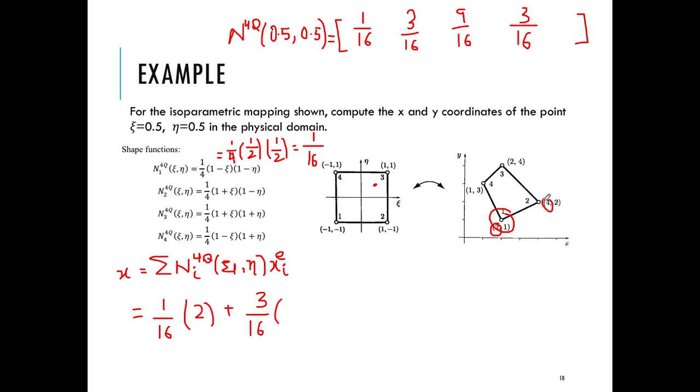Please note node 2's x coordinate. And then similarly N3 multiplied by x3, which in this case is 2, you can see right here. And then finally N4 multiplied by x4, which is 1.